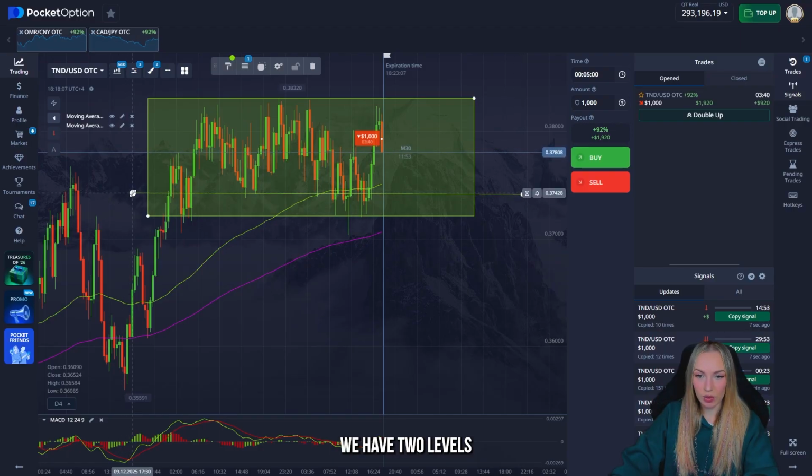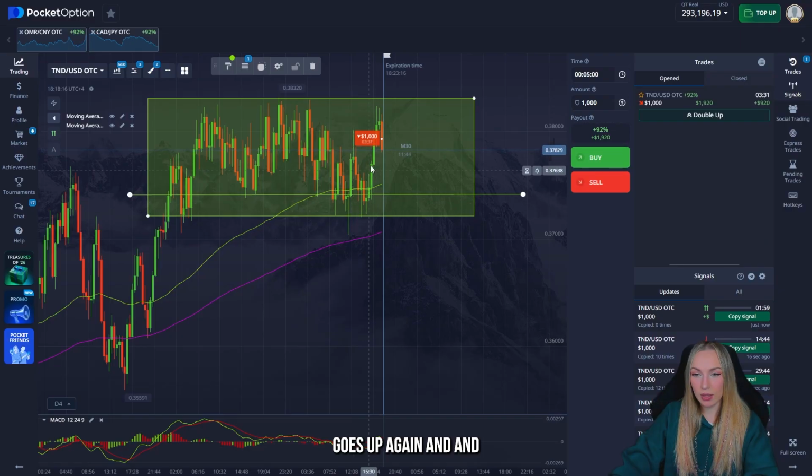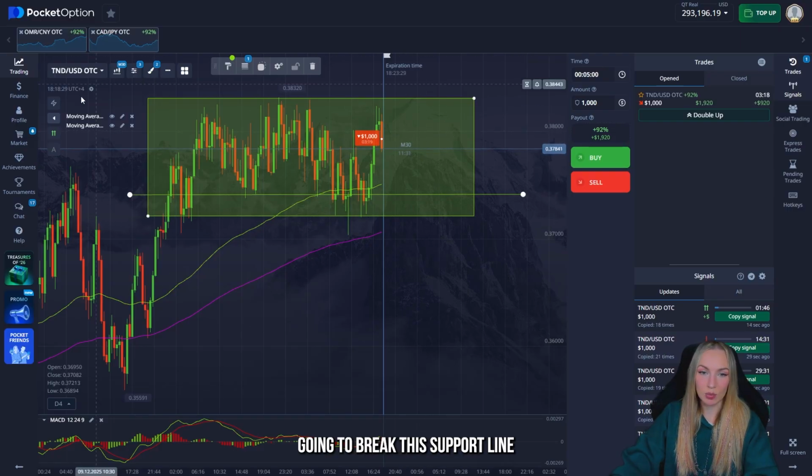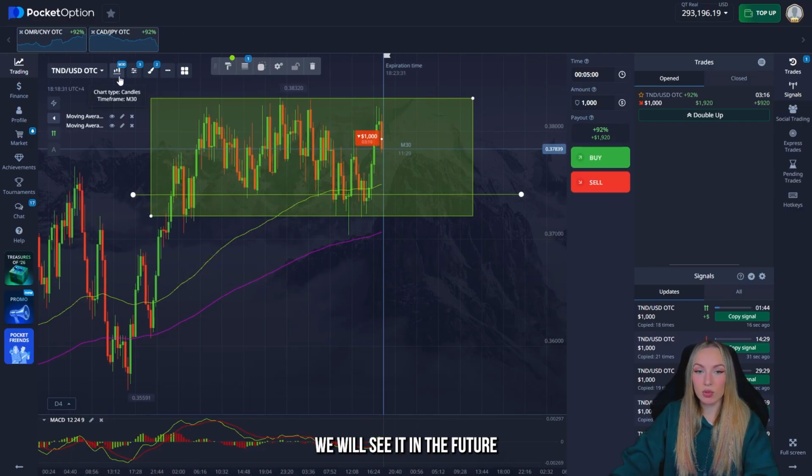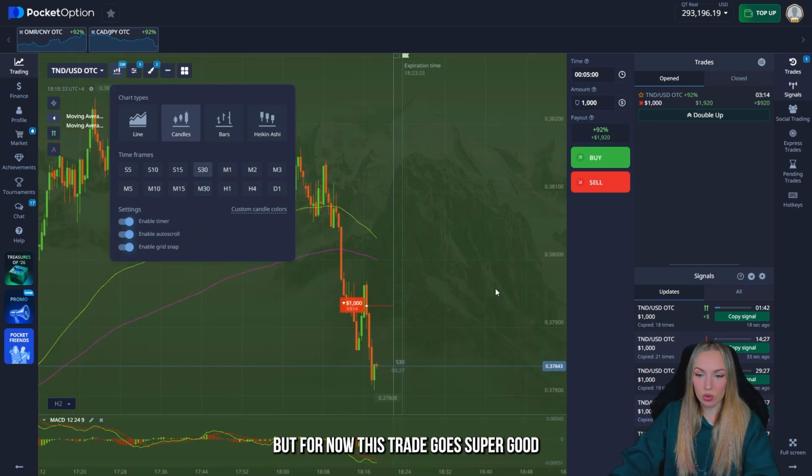We have two support levels. Then it goes up again, and this is how it moves. It touched the resistance line here, now it goes down, it will go here or there, and then maybe again it will go up, or maybe it's going to break this support line. We will see in the future, but for now this trade goes super good.